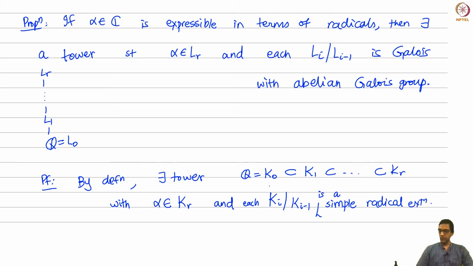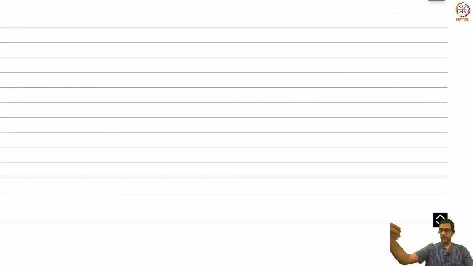Now the point is, if instead of Q we had a field which had all the nth roots of unity, then we could have concluded that these simple radical extensions have cyclic Galois groups. So what we will do is we will just adjoin those nth roots.